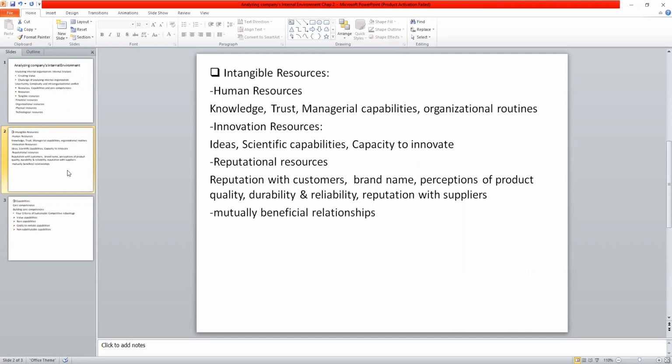Similarly, one can have the organizational resources also.